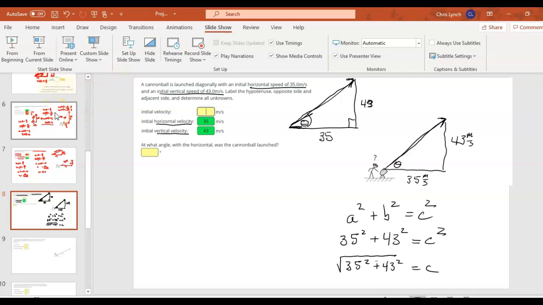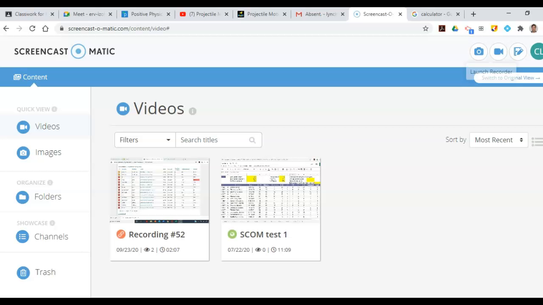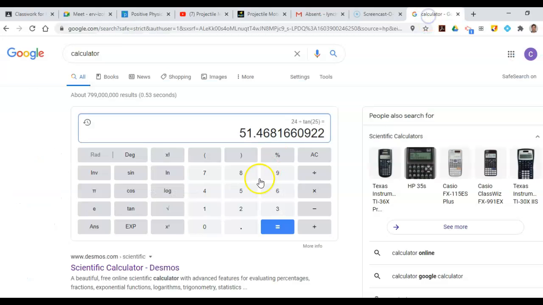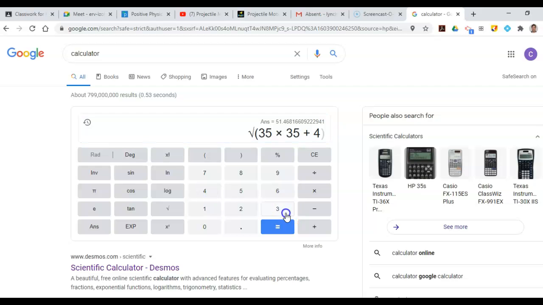Now we need to go to our calculator, which is here. So square root of 35 squared plus 43 squared, okay, and 55.4.